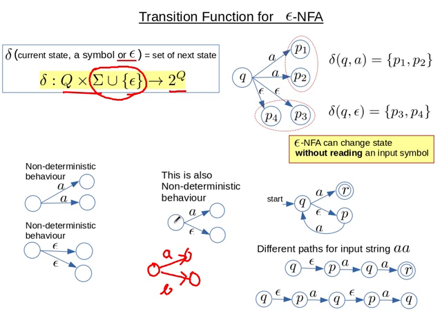Because if you are here, you either can choose to read A and then move here, or you can choose to not read the input symbol and move here. So for example, from here you may have some transition like this. Now if you are in state Q, and suppose the next input symbol is A, where do you land? Either you can choose to read that input symbol immediately and go here, or you can choose to just change your state here and then read the input symbol and then go here.